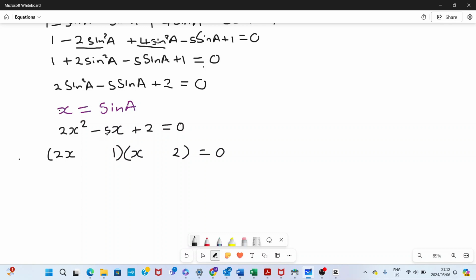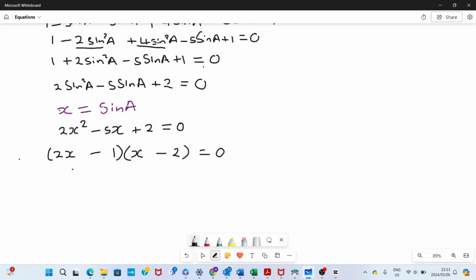So since this is minus 5x, we will need to have this as a negative and this as a negative, because if you multiply the 2x by this minus 2, you will have minus 4x, and if you multiply minus 1 and x, you get minus x, and sum it up with the minus 4x, you will get minus 5x. And if you multiply minus 1 and minus 2, you still get your plus 2.